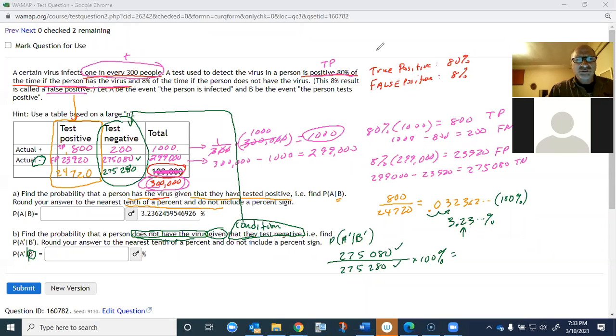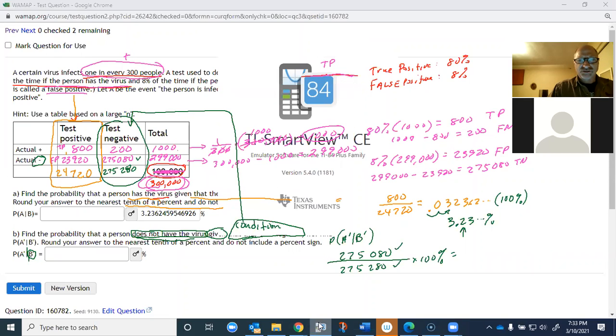I am going to show you this on the calculator. 275,080 versus 275,280, times that by 100. Okay, it's just getting warmed up here. It'll open up in a second. I want you to see what this looks like on the calculator.